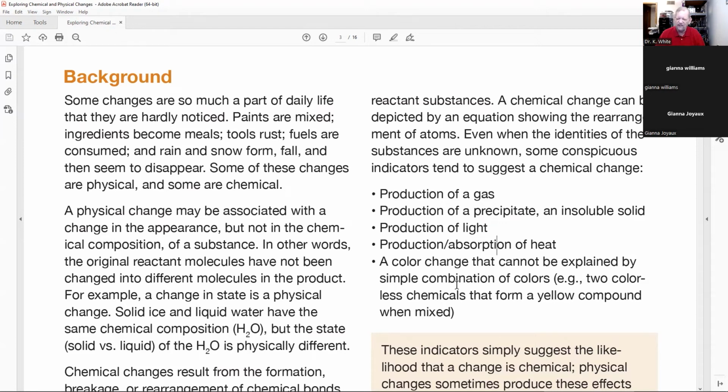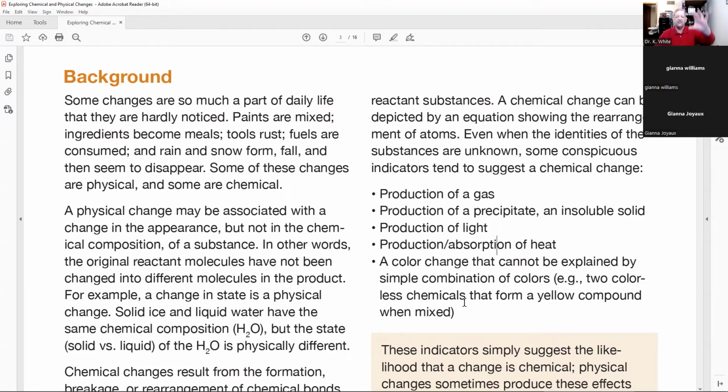Now, the next one is a little tricky. A color change cannot be explained by simple color changes. If you have two things, one's blue, one's yellow, mix them together, and you get green or whatever blue and yellow make, that's not an indication of a chemical reaction.